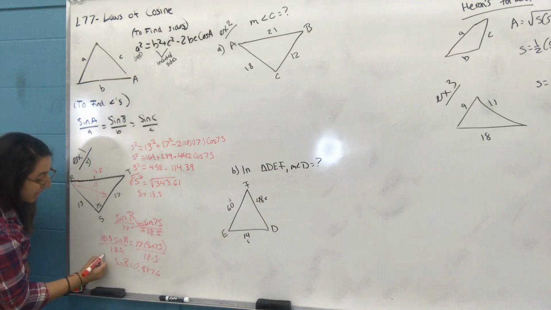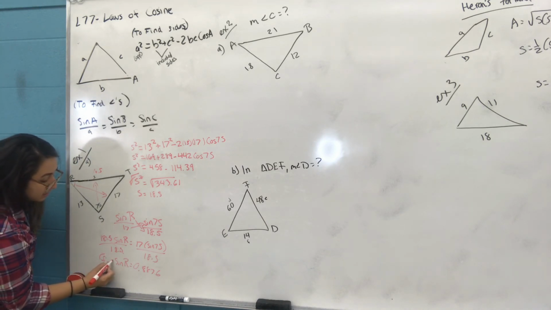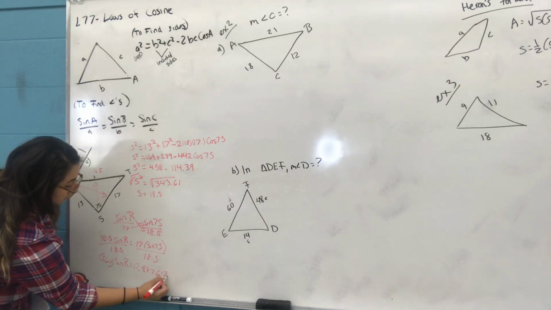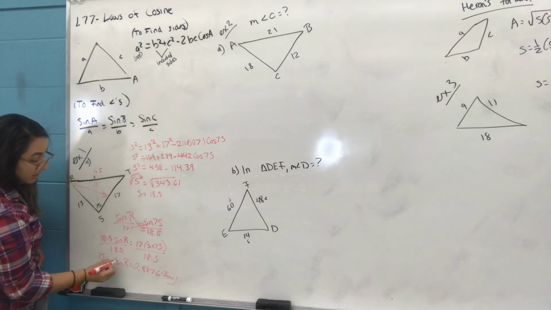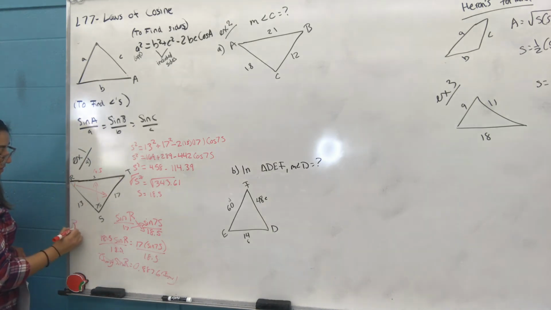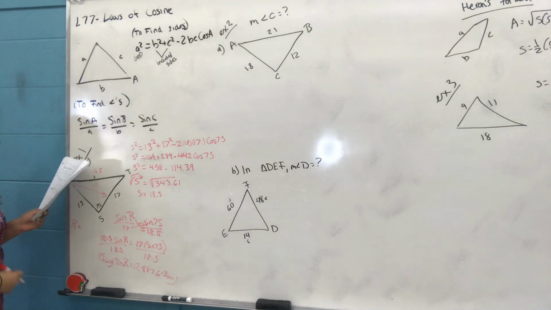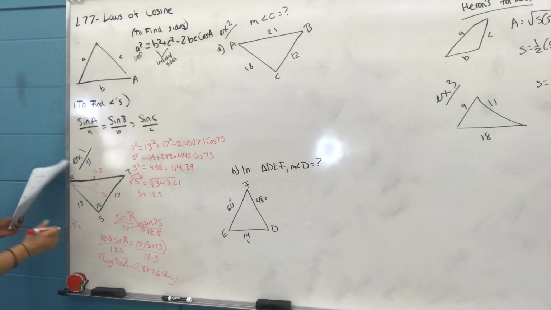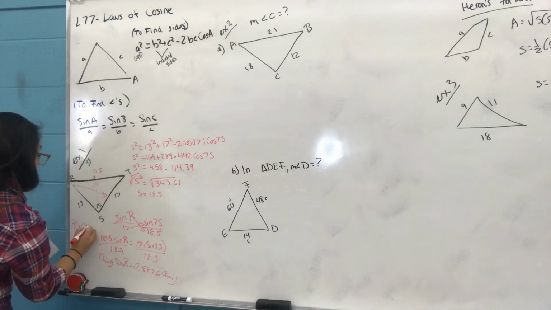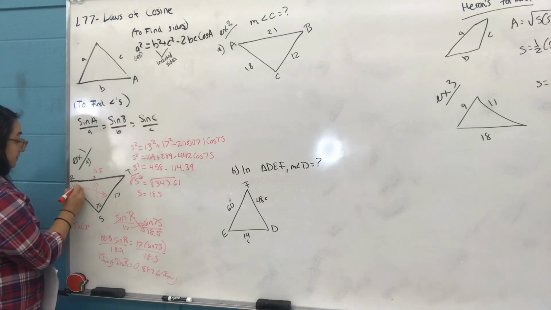And then to find the angle, you do the inverse sine on both sides. So when you do the inverse sine, you get r by itself. The inverse sine of 0.8876, you end up with about 63 degrees.